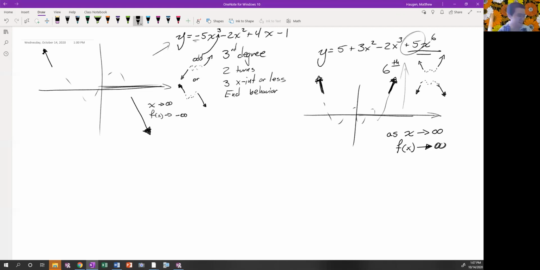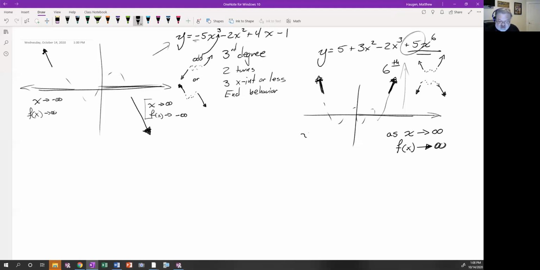What was I? Oh, so you'll often see this notation in response to the end behavior. Similarly, here as x goes towards negative infinity, as we head that way on the graph, here the function heads towards positive infinity because the function is going towards arbitrarily large positive values.